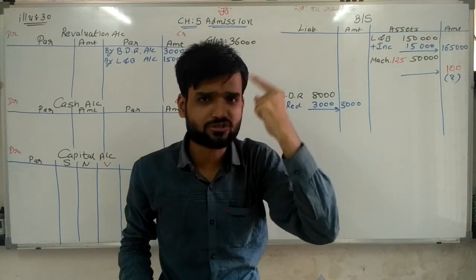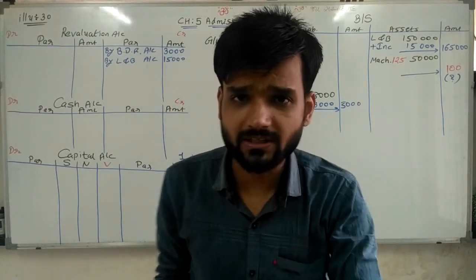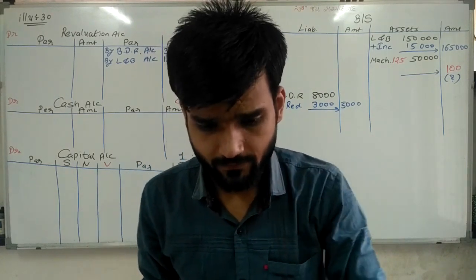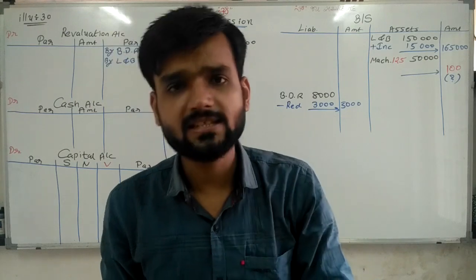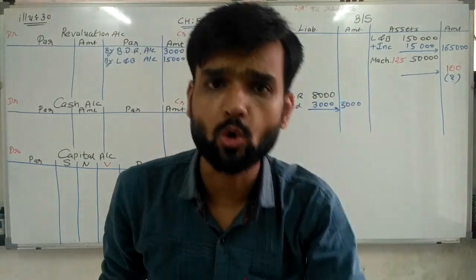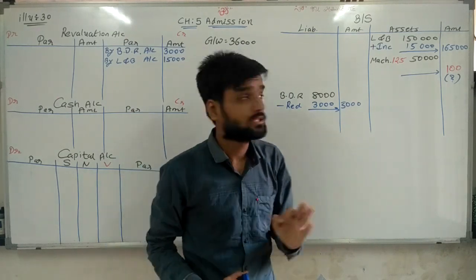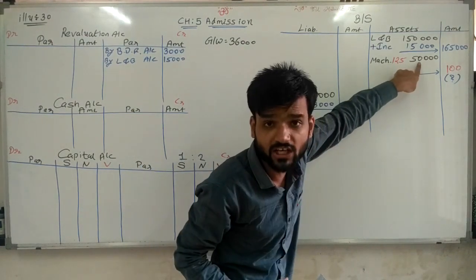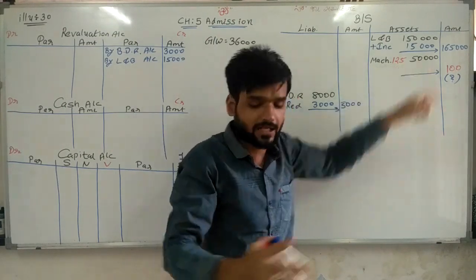Again, I am repeating, try to understand. Here the adjustment given, I am reading again: book value of machinery is 25% more than market value. This book value of machinery is 25% more than market value.